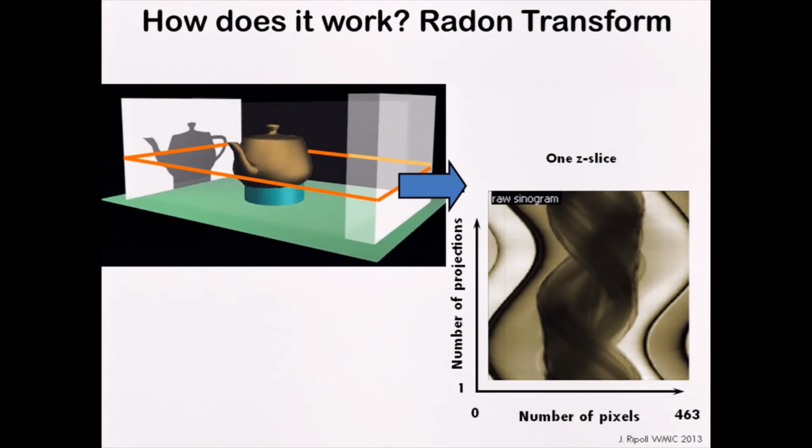So here you have that line, and these are the angles there. Once you have this information, you can use what's called a Radon Transform, and this gives you an image only of that slice. So by selecting the different lines of pixels, I can then reconstruct a 3D volume.